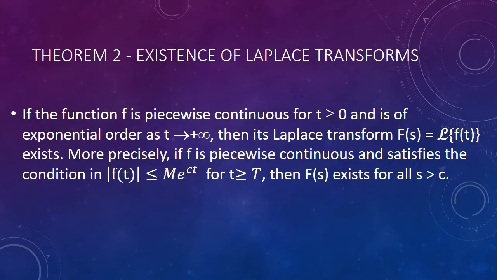And in most of the cases we're doing, that is true. It is going to be less than an exponential function. What that means is it has an exponential order, which means that these functions will always have values that are less than or equal to an exponential function.